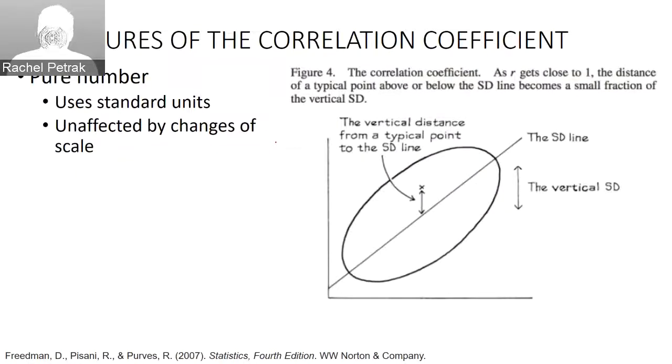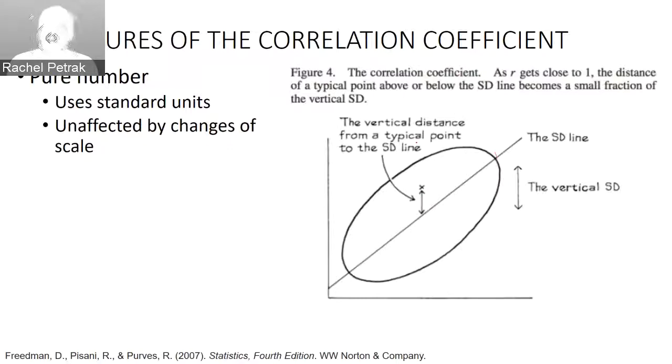Notice that on figure 4 here, we see a positive correlation. And as R gets closer to 1, the distance of a typical point above or below the SD line becomes a small fraction of the vertical SD. So there's somewhat more spread when you have a lower correlation.